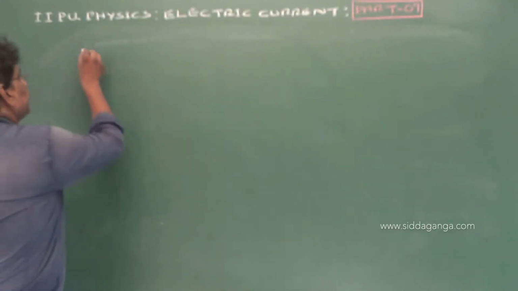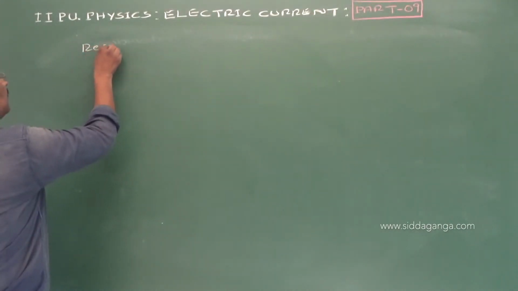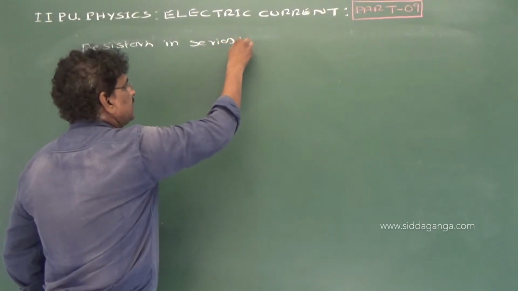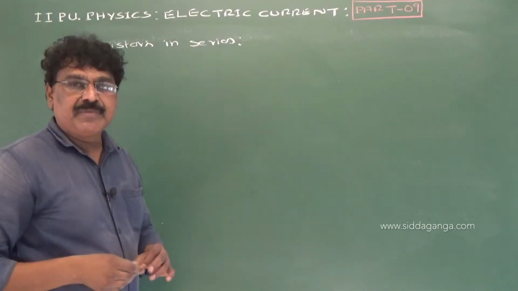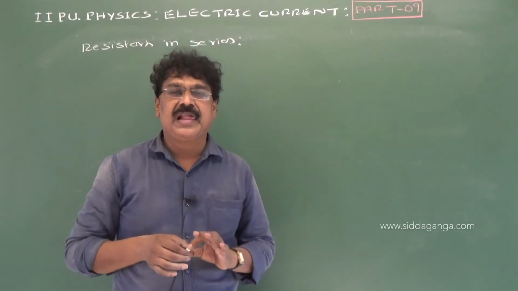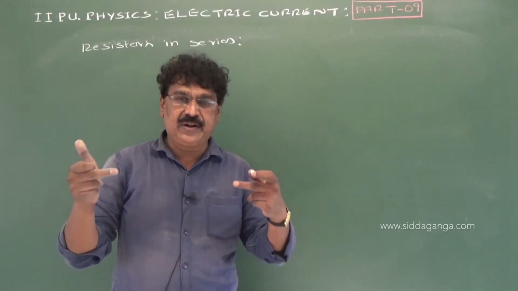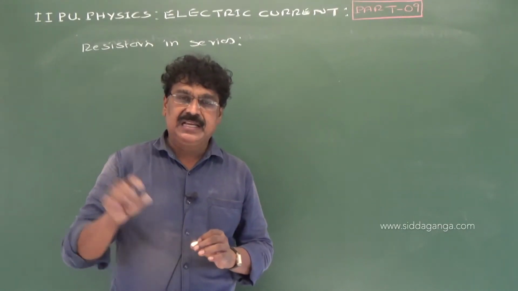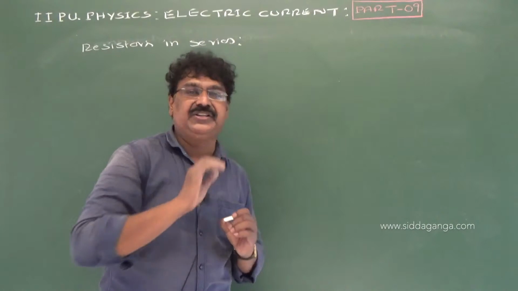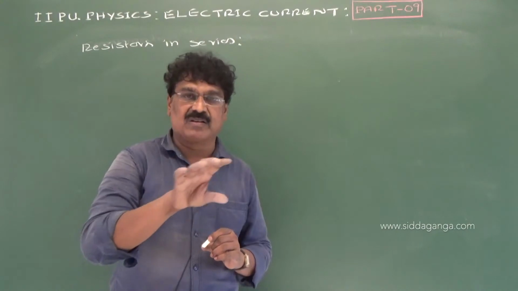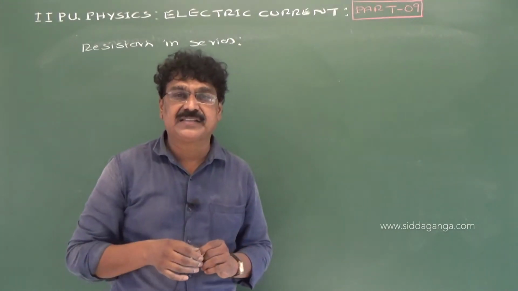Now we will take resistors in series. A number of resistors are said to be connected in series if they are connected end to end, so that on applying potential difference, same current flows through each resistor, but potential difference is different across different resistors of series combination.